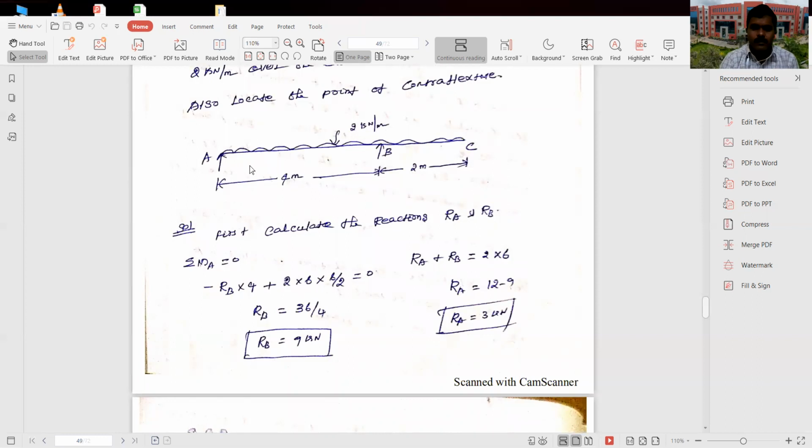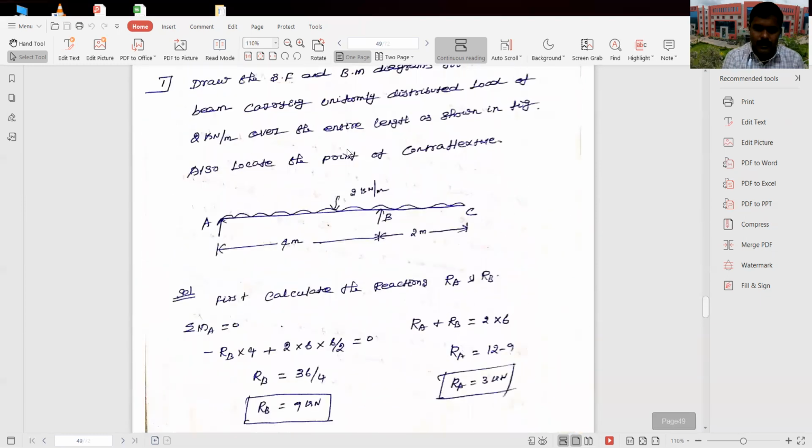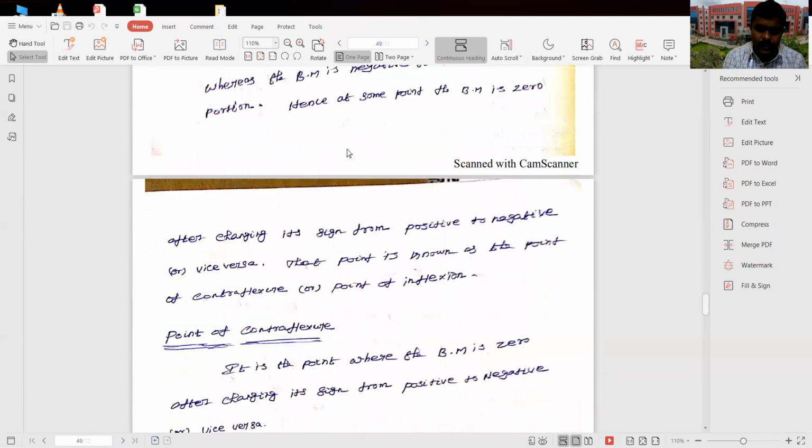So at some point the bending moment value will be 0. The point where the bending moment changes its sign from positive to negative is known as the point of contraflexure. This is an important point you should consider in the overhanging beam.